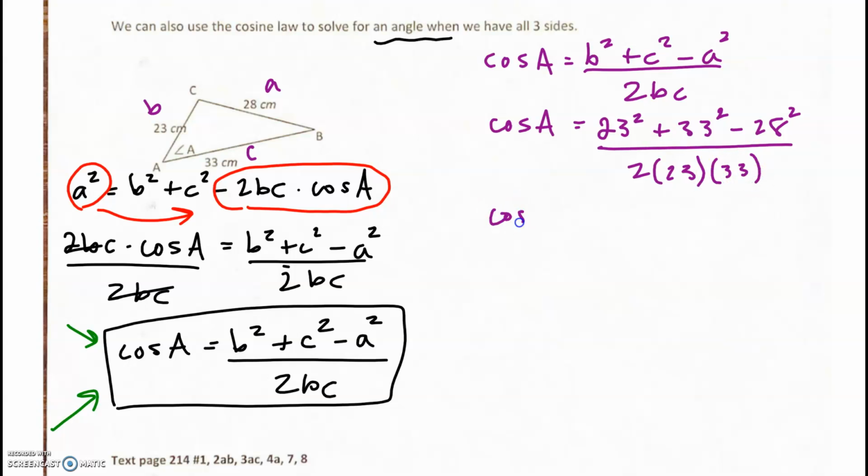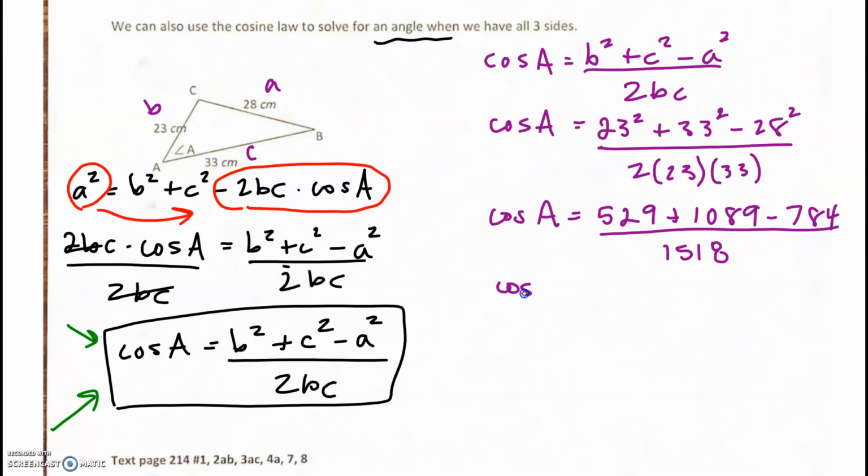All right, so let's go ahead and solve. So 23 squared is 529 plus 33 squared is 1089 and 28 squared is 784. And that is divided by, in the denominator, 2 times 23 times 33, which is 1,518. Let's add the first two numbers and subtract the last in the numerator.